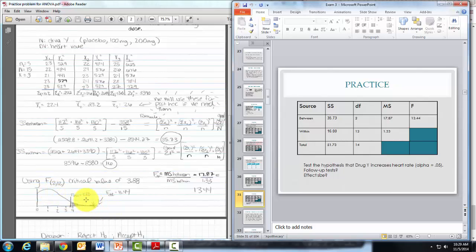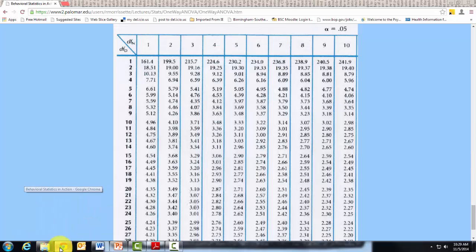So to find our critical F value, I have looked up an F table, and this would be an online example of an F table. I have 2 degrees of freedom between, and I have 12 degrees of freedom within.